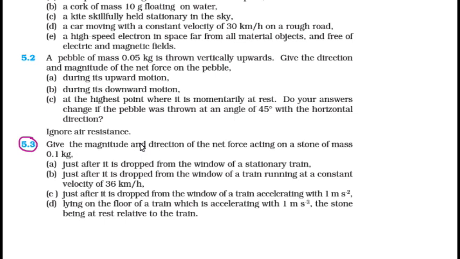B. Just after it is dropped from a window of a train running at a constant velocity of 36 km per hour. C. Just after it is dropped from a window of a train accelerating with 1 meter per second square. D. Lying on the floor of a train which is accelerating with 1 meter per second square, the stone being at rest relative to the train.